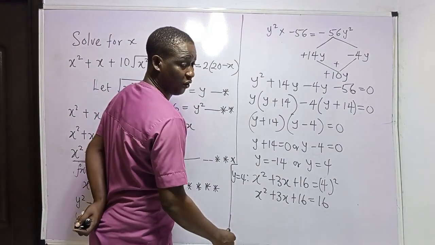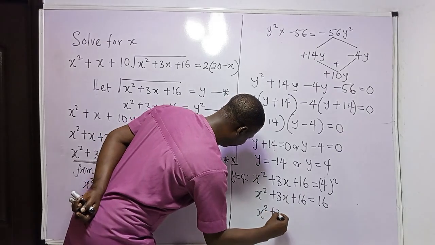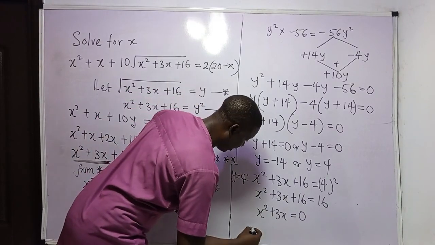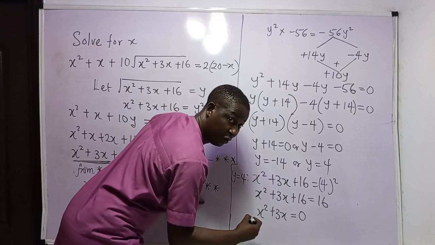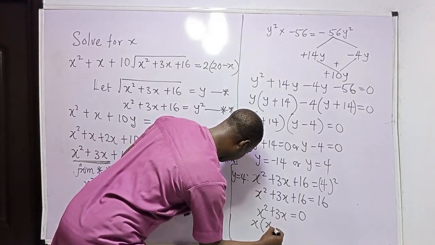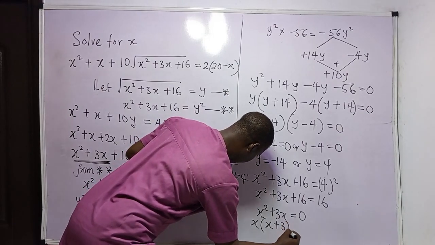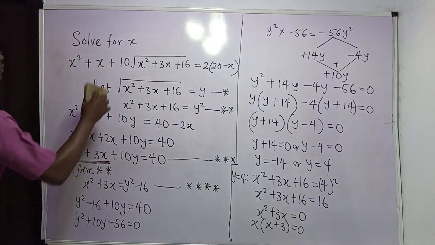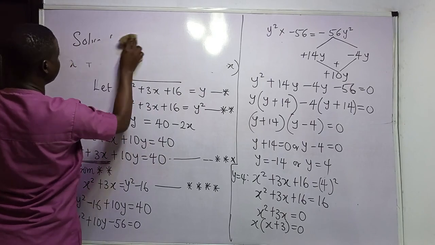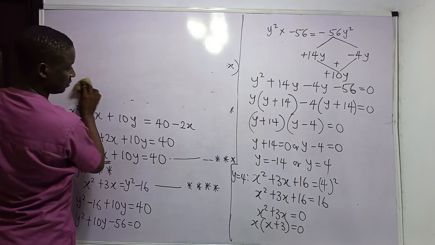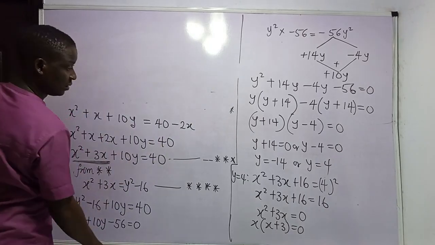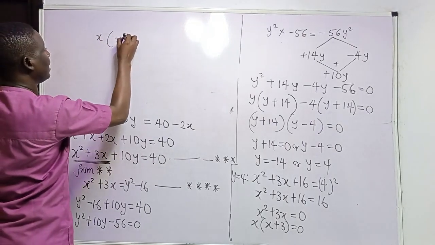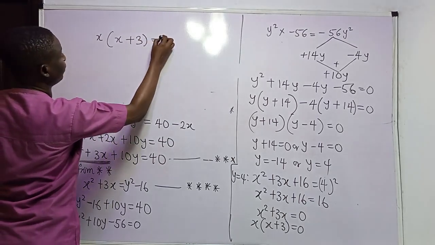If you subtract 16 on both sides, what do you have? x squared plus 3x equal to 0. Therefore, we would have x into bracket x plus 3 equal to 0.